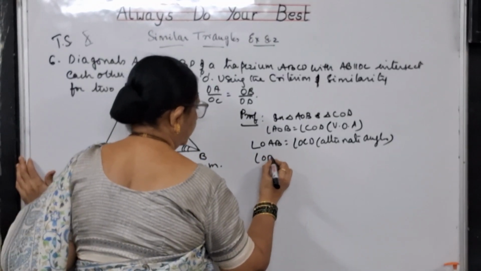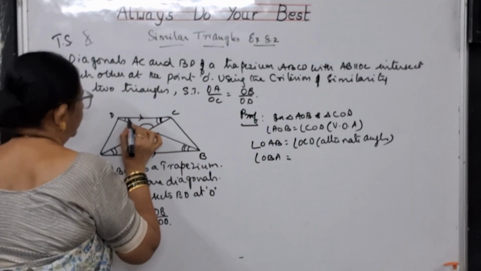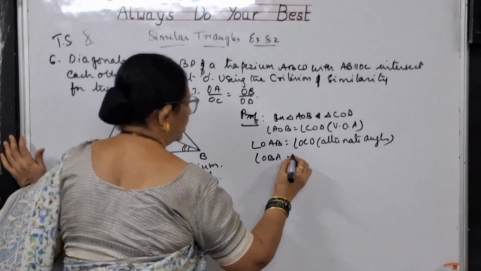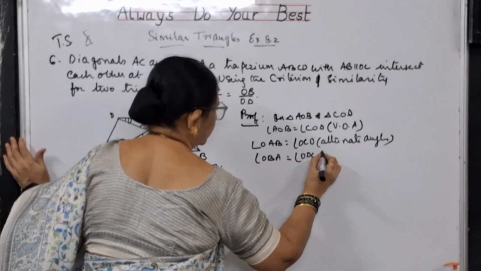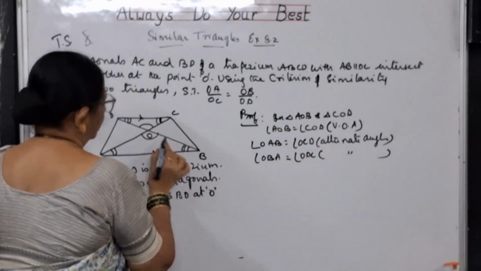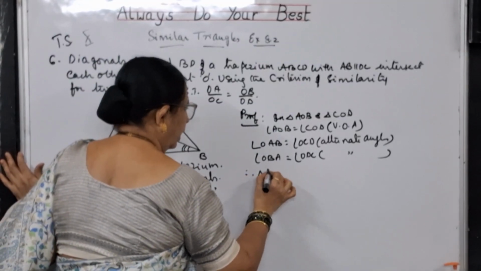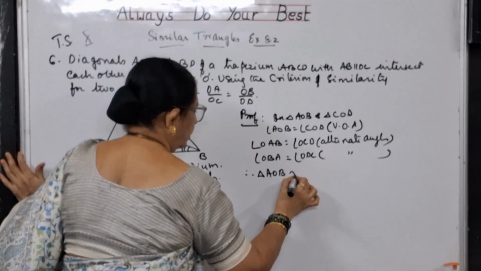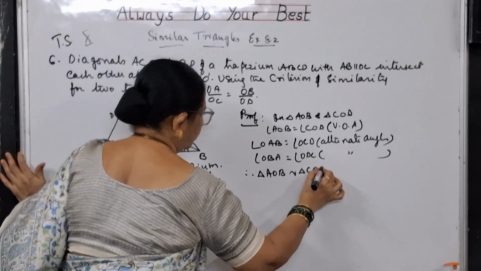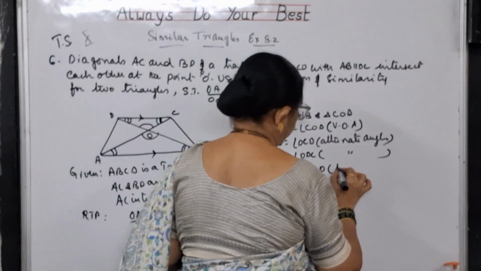Angle OBA is equal to angle ODC, basing on the same thing, that this is a transversal. So these two are alternate angles. Therefore, triangle AOB is similar to triangle COD basing on what criteria?